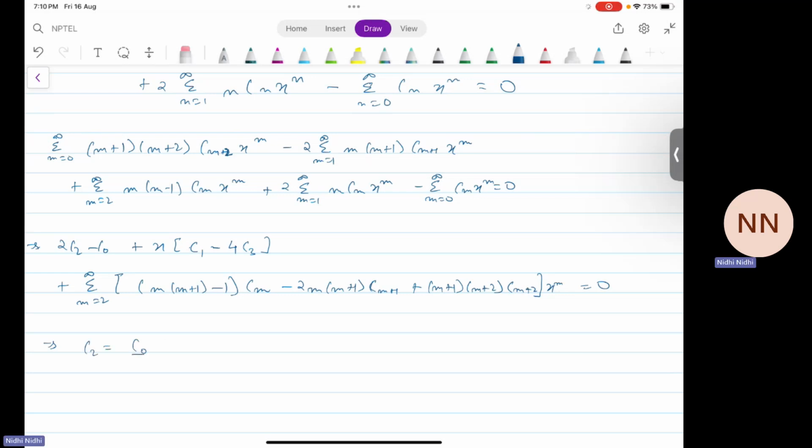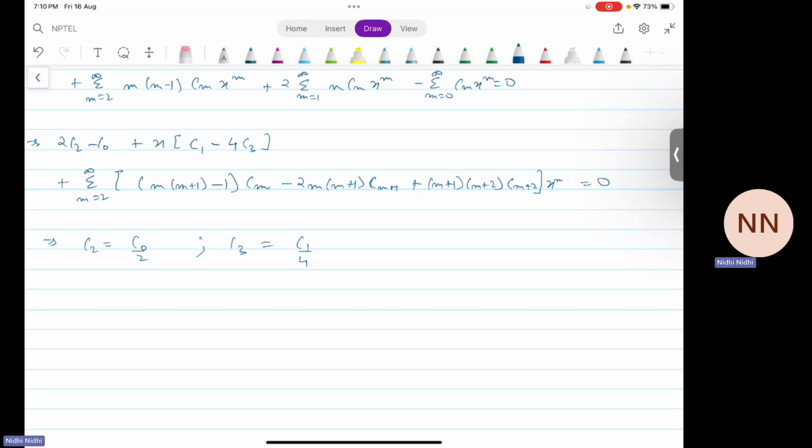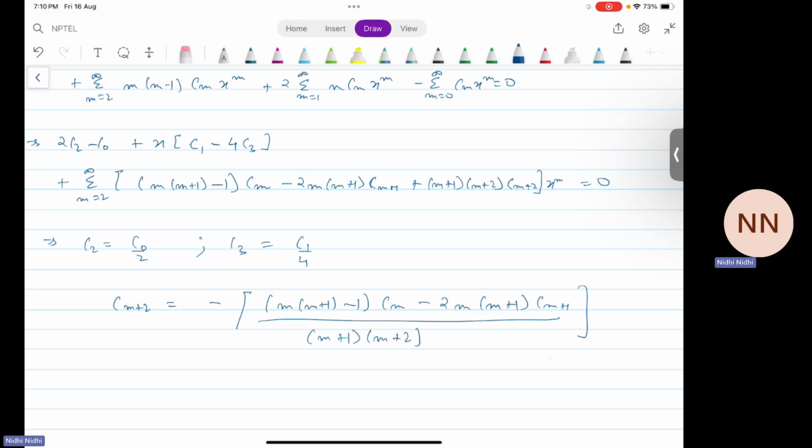C2 is equal to C naught by 2, C3 is equal to C1 by 4, and C(m plus 2) is equal to minus m plus 1 minus 1 Cm minus 2m m plus 1 C(m plus 1) by m plus 1 m plus 2, for every m greater than or equal to 2.